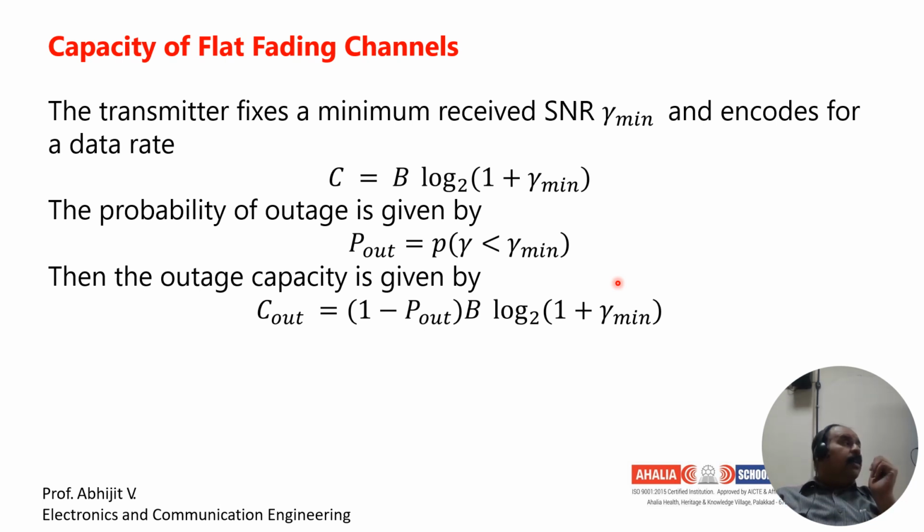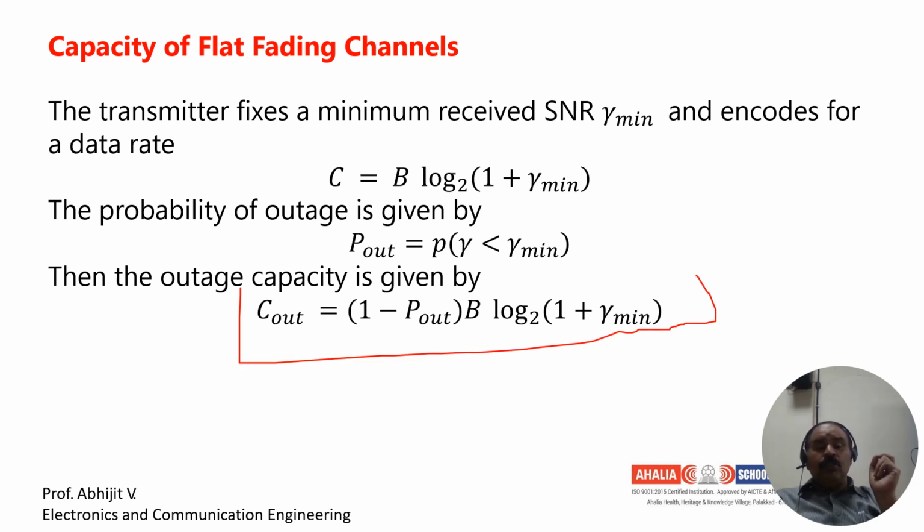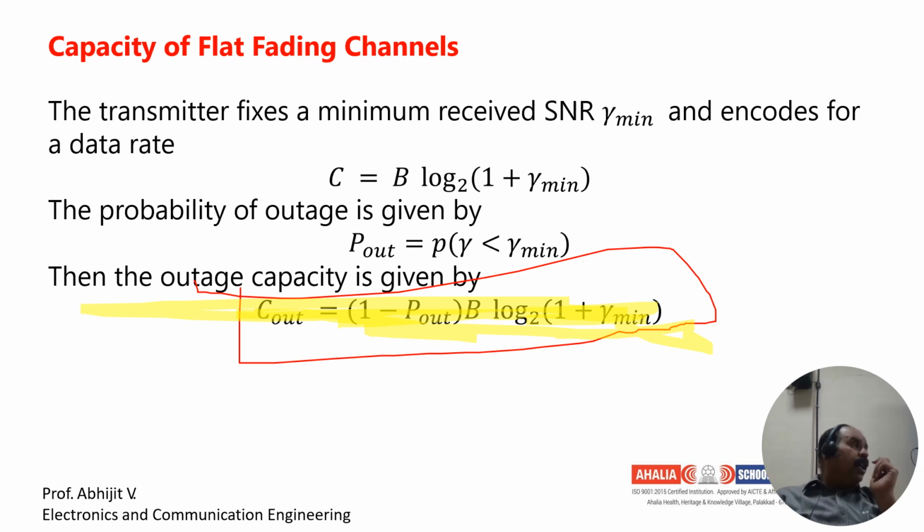Then we have another term called outage capacity, C out. This is very important, this should be put in a box. C out is equal to 1 minus P out times B log to the base 2 1 plus gamma min. This is extremely important, so you need to underscore these things.